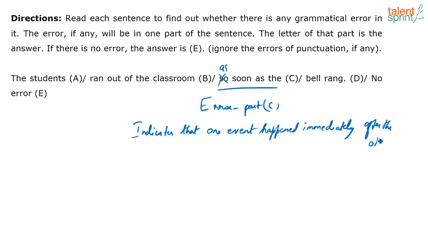So this is an inappropriate intensifier here. I don't need "so" here. It doesn't bring the meaning or the emphasis that the context is trying to express. So "the students ran out of the classroom as soon as the bell rang" would be correct. So we replace "so" with "as." Let's move on to the next question type.